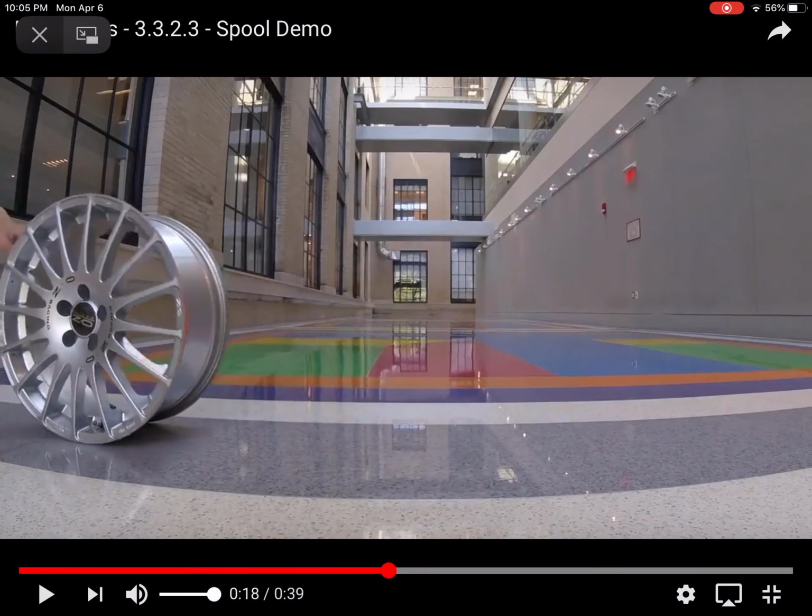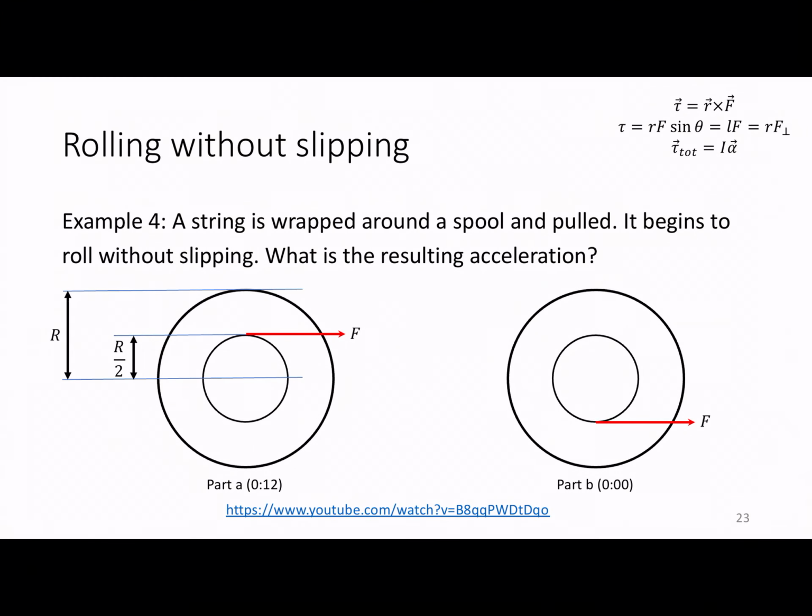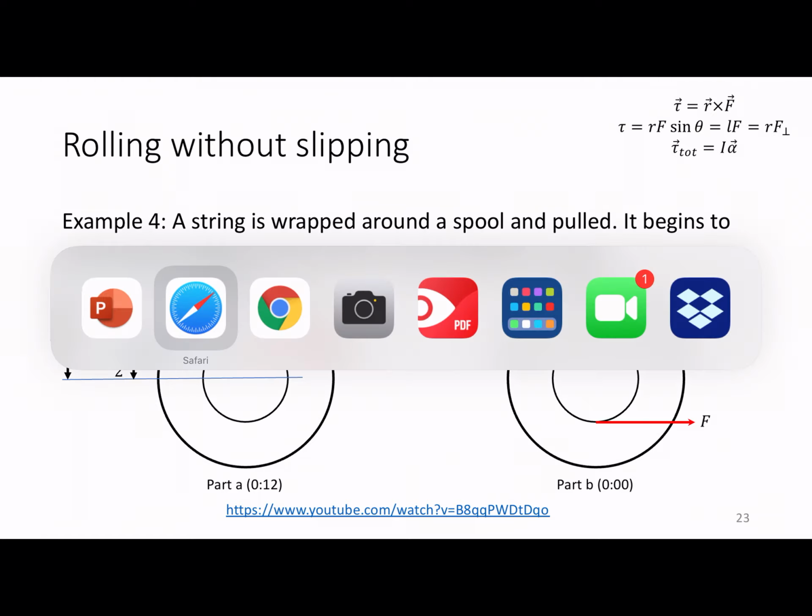All right, so now let's imagine the opposite situation. Part B, I'm going to thread that spool off the bottom. So the question is now, does it move left or right? Let's see.